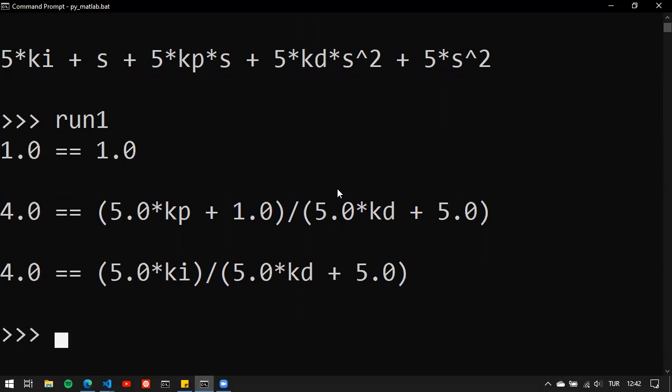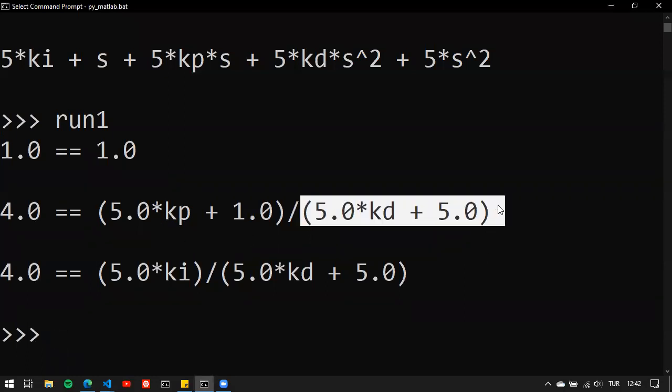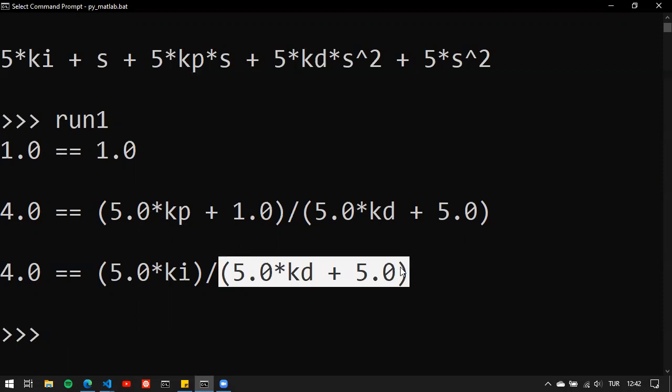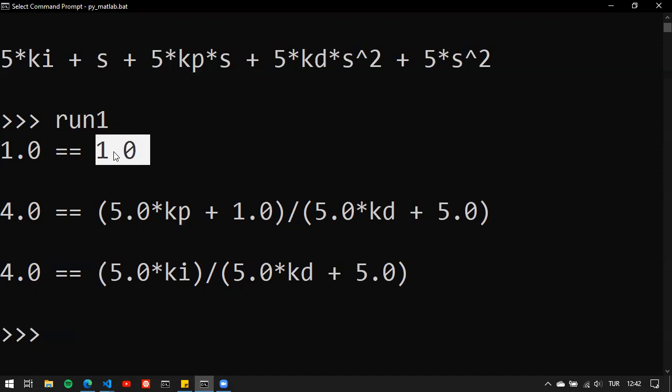Now we can see that in terms of design, it seems like we have a normalization here, 144. Of course, it's possible to multiply everything with this. And then we have 5kd plus 5 equals 1 here, as far as I can see.